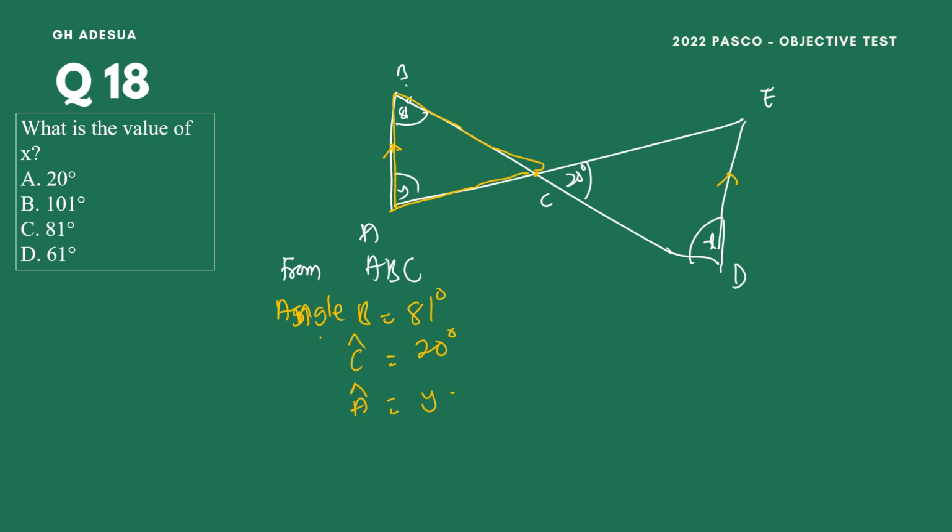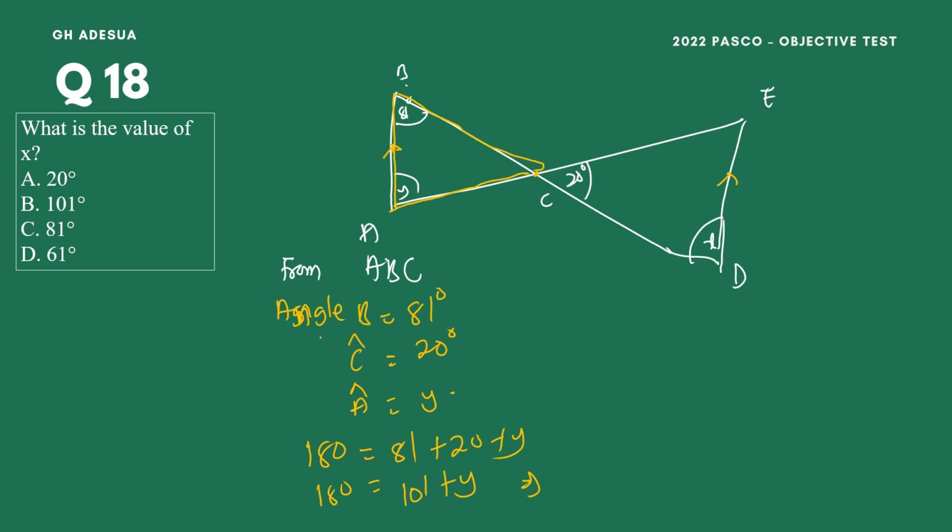Now, we know that angles within a triangle sum up to 180. So we have 180 equals 81 plus 20 plus Y. We are now going to get 101 plus Y. So now we continue when we want to group like terms.